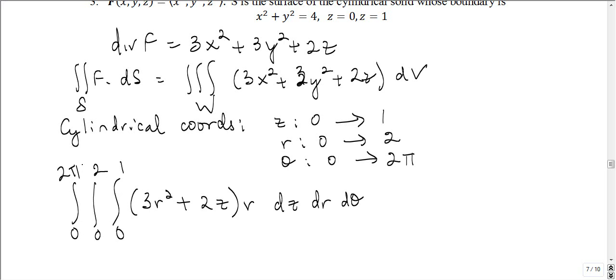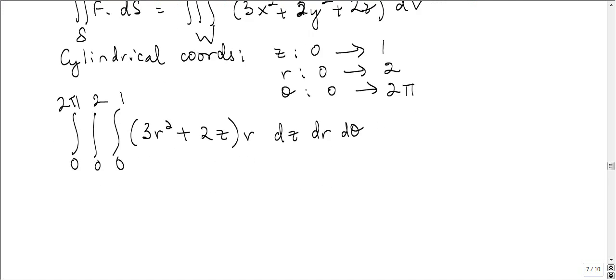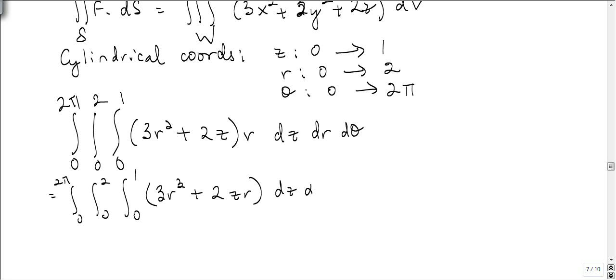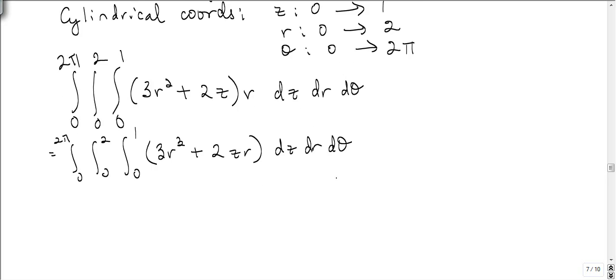Again, I would advise you to work that out, okay? Let's distribute that. I think it would be easier if we distribute. 0 to 2 pi, 0 to 2, 0 to 1, 3r cubed plus 2zr, dz, dr, d theta. Okay, let's go. Integrate with respect to z.